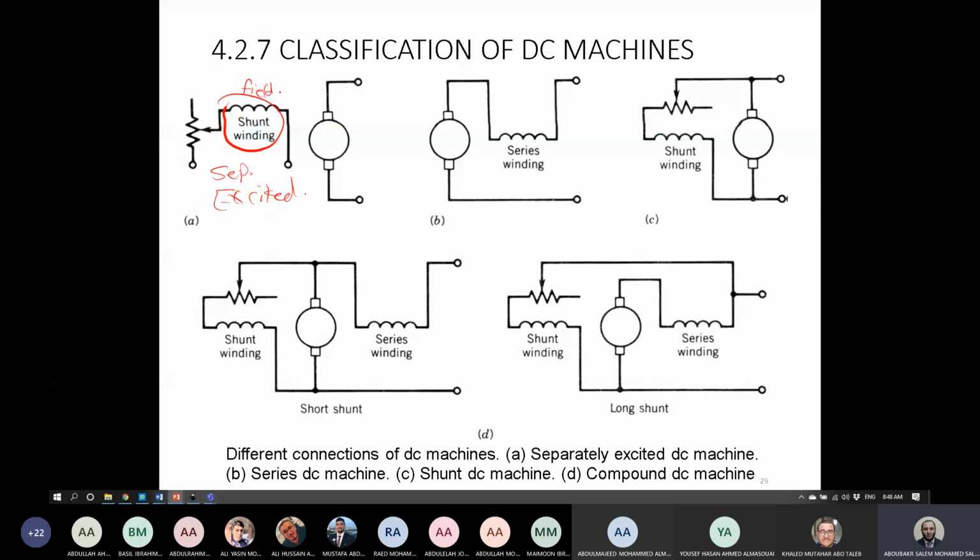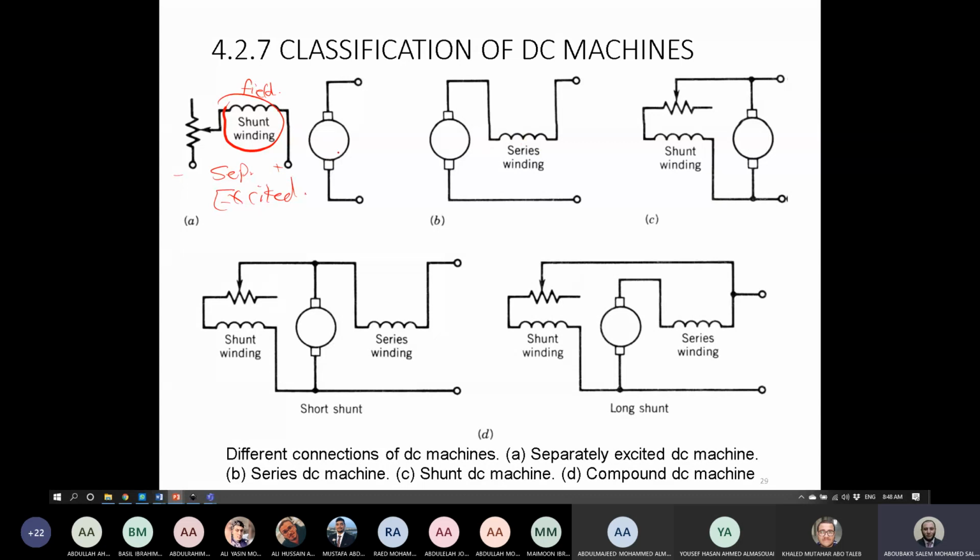He means here the field winding is disconnected from the circuit, so it has a separate source here. Okay, assume for instance this is positive and this is negative, so it needs an external source. So this connection is called separately excited type. Now we have shunt, we have series, we have separately excited.